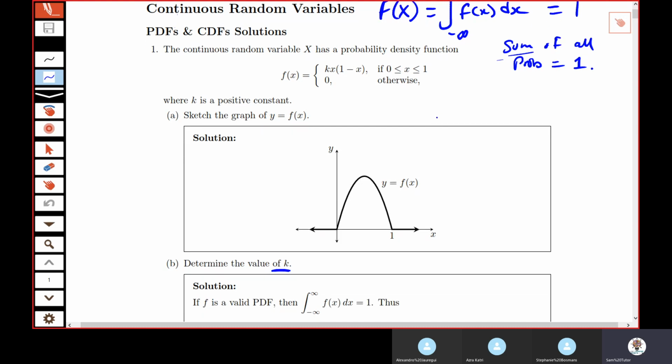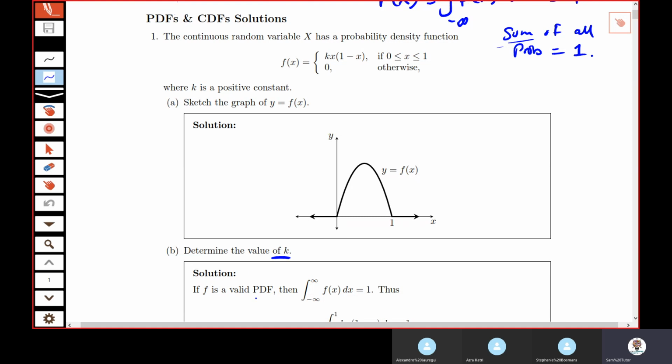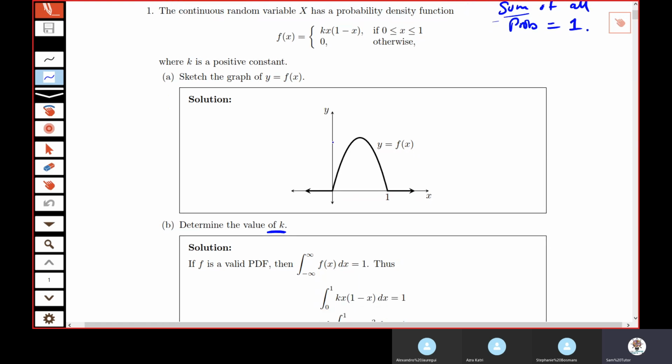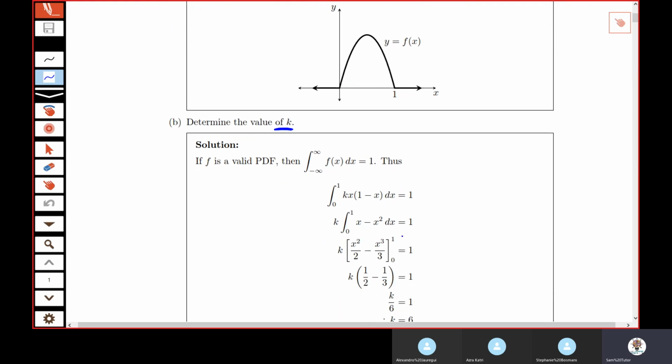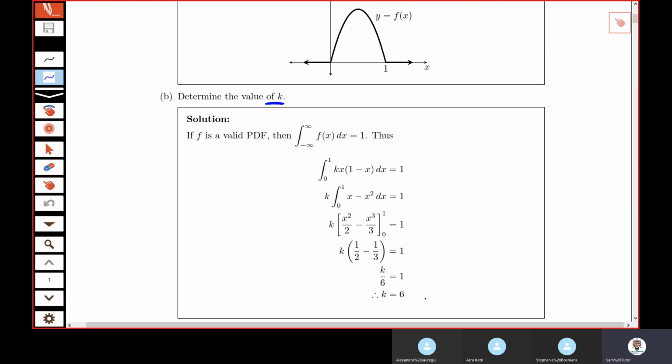Okay, so what do we have? If f is a valid PDF, then the integral from negative infinity to infinity of f of x dx must equal 1. Therefore the integral from 0 to 1 of kx(1 minus x) dx must equal 1. Then we integrate and solve for k, which gives me k equals 6.